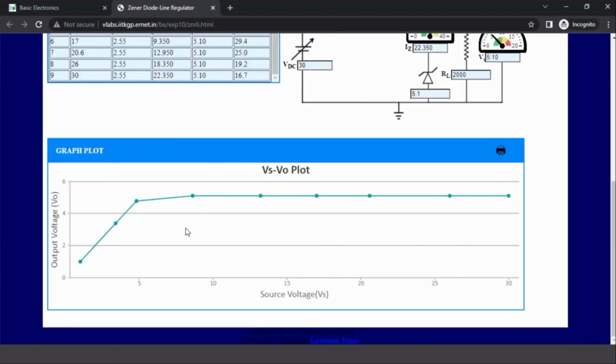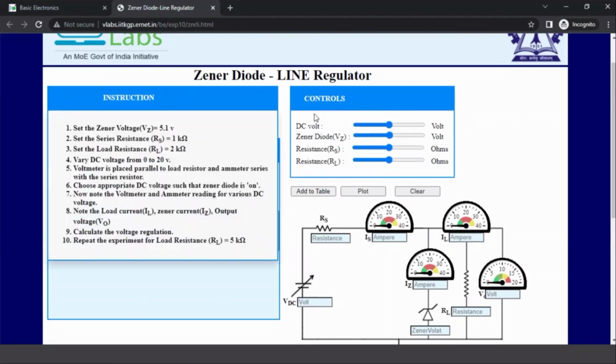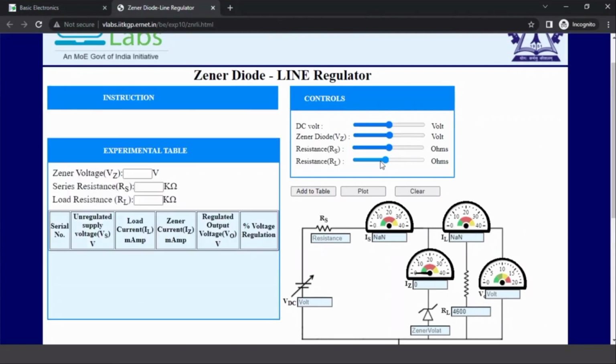Now once you get this plot, again similarly you can reset, clear, and set the value of the load resistance to 5 kilo ohm. Set the value like this to 5 kilo ohm, and similarly keep the series resistance again at 1 kilo ohm. Zener diode 5.1 you can select, and DC voltage again you can vary from 0 to the final value and get all the points and plot it.